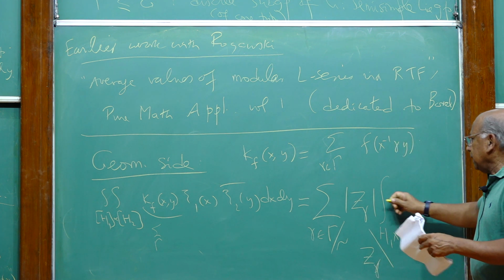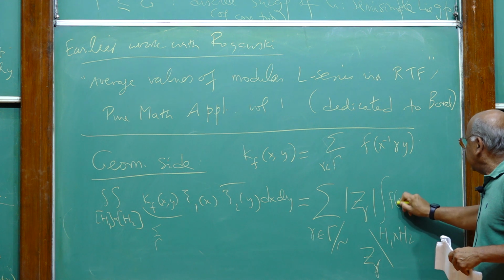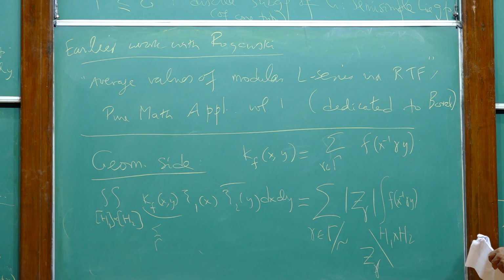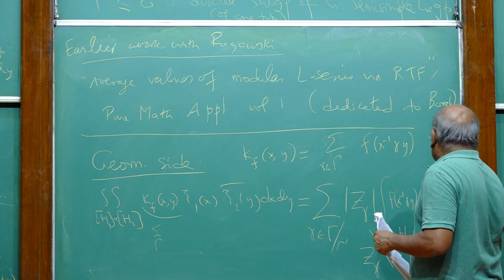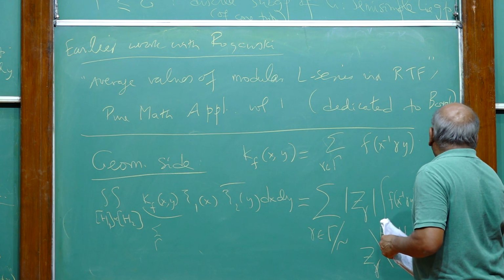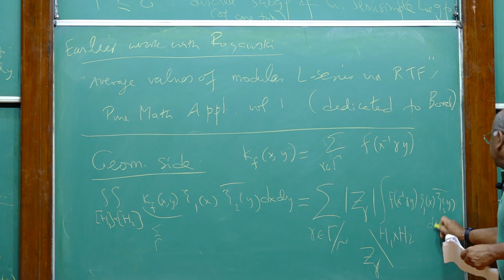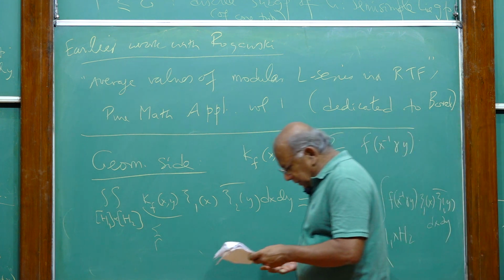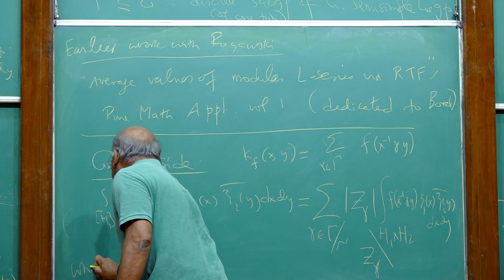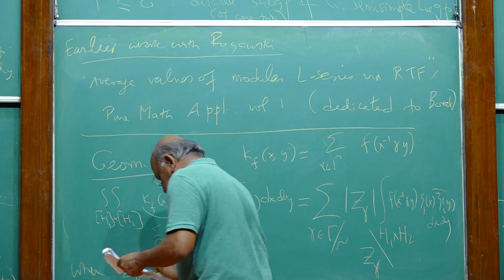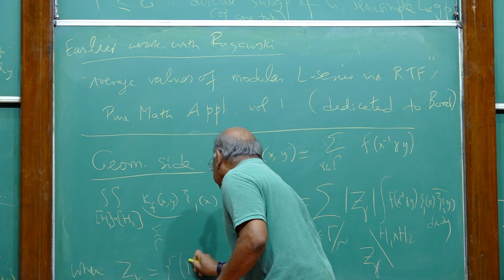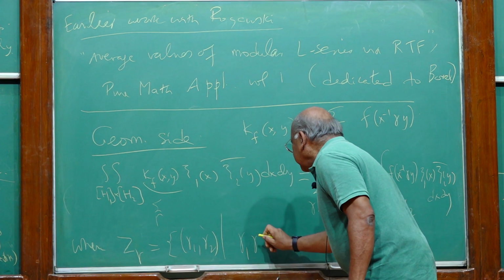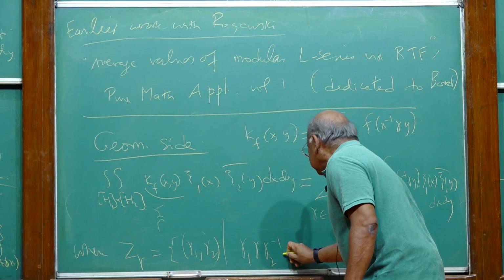And then I get the same thing here, f of x inverse gamma y, times C1 of x, C2 of y bar, dx dy. So it looks like this. Now Z gamma is the set of gamma 1, gamma 2 such that gamma 1, gamma 2 inverse is gamma.